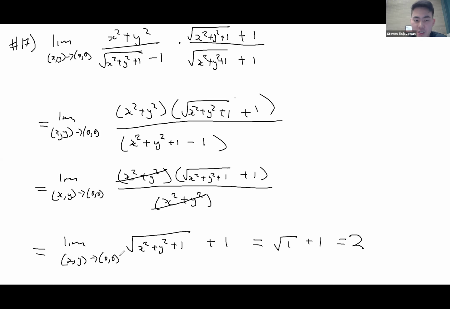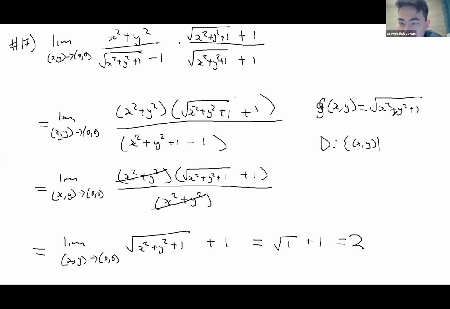Since the function is continuous, or (0, 0) is part of the domain, that works. If I have g of (x, y) as the square root of x squared plus y squared plus 1, my domain for g would be that x squared plus y squared plus 1 has to be greater than or equal to 0.